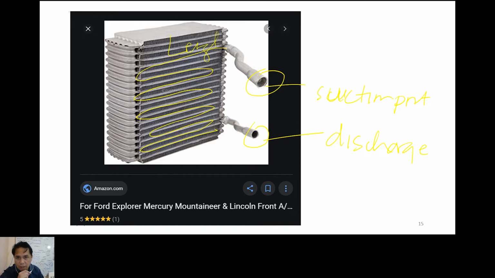So the longer the line, the more pressure drop will incur. And the bends, ito. May mga bends. 90 degrees, 180, parang elbow, no? So ang tawag diyan ay bends ng fittings. So it will incur pressure drop. So kung maliit ang suction mo, paano mako-compensate yung mga pressure drop? So the suction should always have a larger diameter.